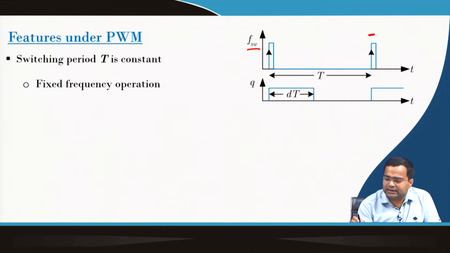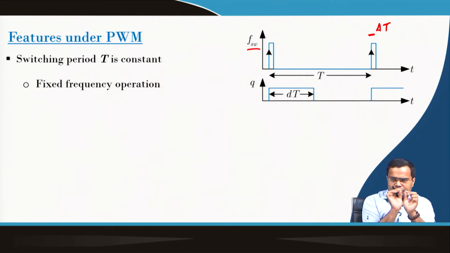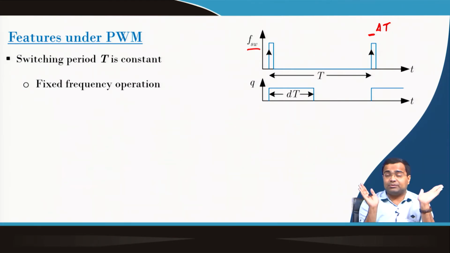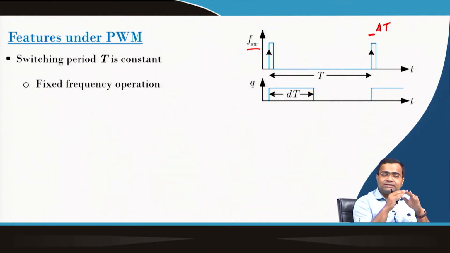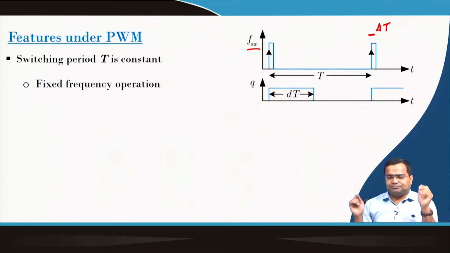If the period is t, we can take a delta t, where delta t is a random variable which can be positive or negative within a range, with mean value 0, and it should satisfy certain distribution property. If we apply such a small jitter in the clock, then we can actually spread the spectrum.